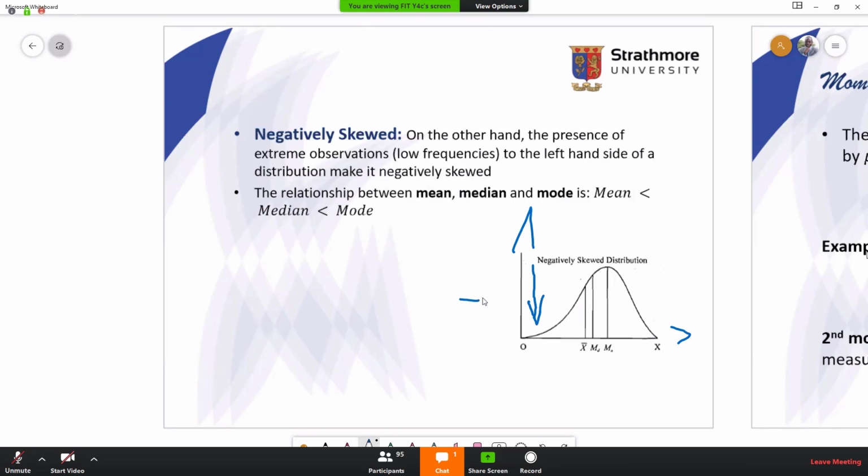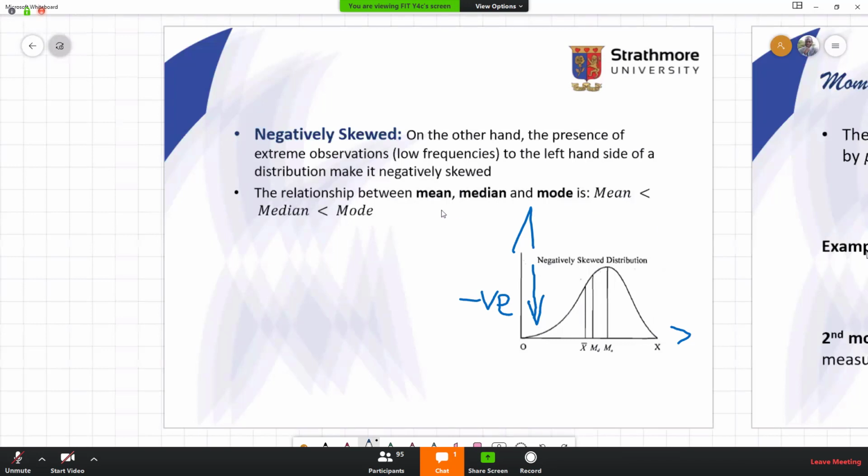So we call this a negatively skewed data set. In a sense, skewness is trying to measure the shape of a distribution. These are the shapes we are talking about. And in negatively skewed, the mean is less than the median, which is less than the mode. You don't have to cram, we just have to apply these.